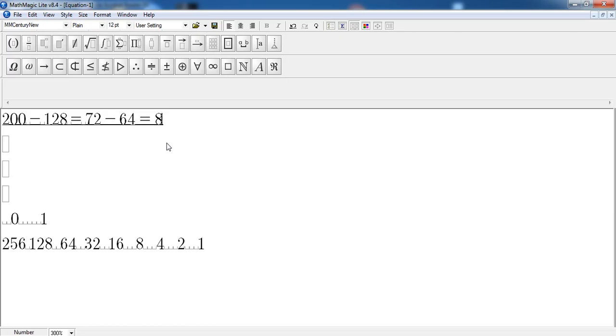So we were able to subtract 64, so we put a 1 on it. Because 8 is remaining, we won't be able to subtract 32 or 16, and the only thing we can subtract now would be 8. So we do the continuous subtraction until we get a difference of 0.